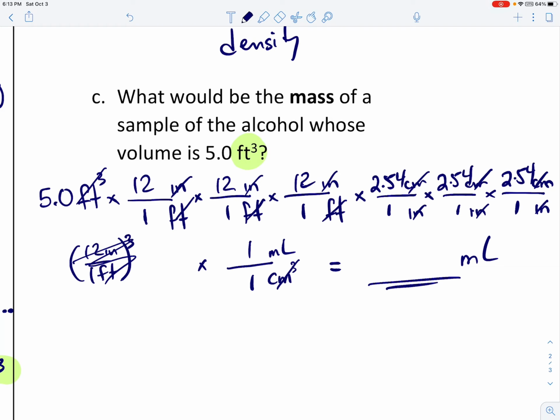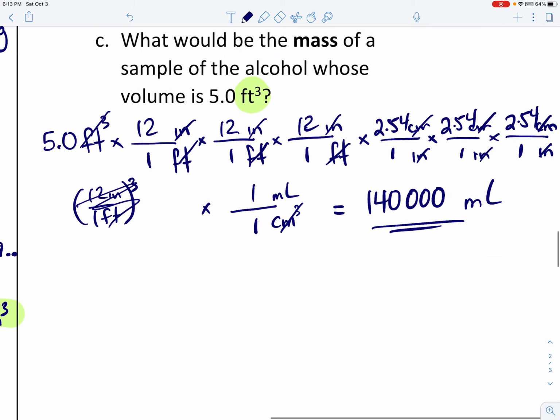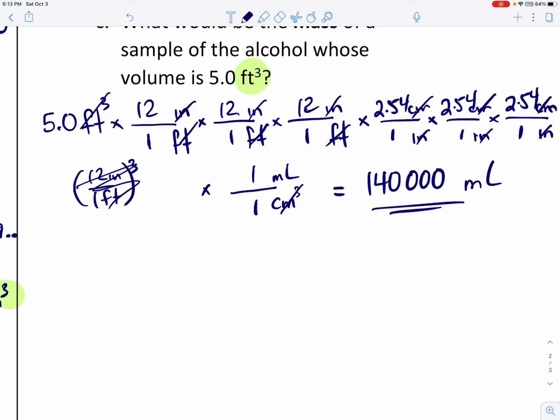And then we multiply by 2.54 3 times. We get a really big answer, and we can only keep 2 significant digits. 5.0 had 2 digits, so I'll call it, let's see, 140,000, which has 2 significant digits. So now that we have the volume in milliliters, we can answer the question.